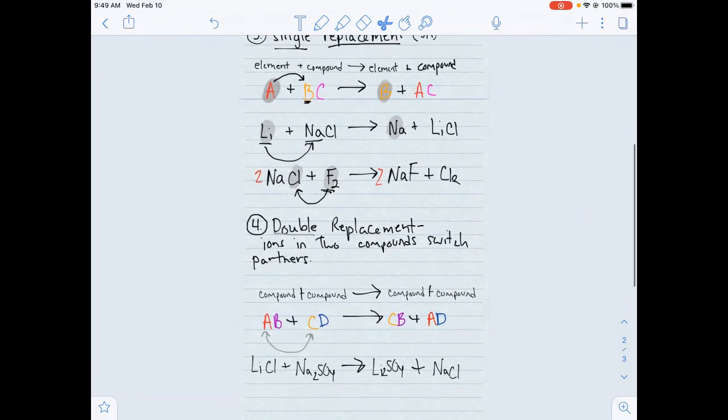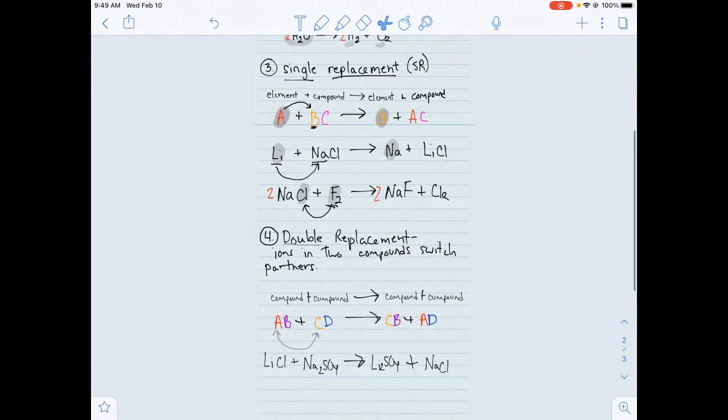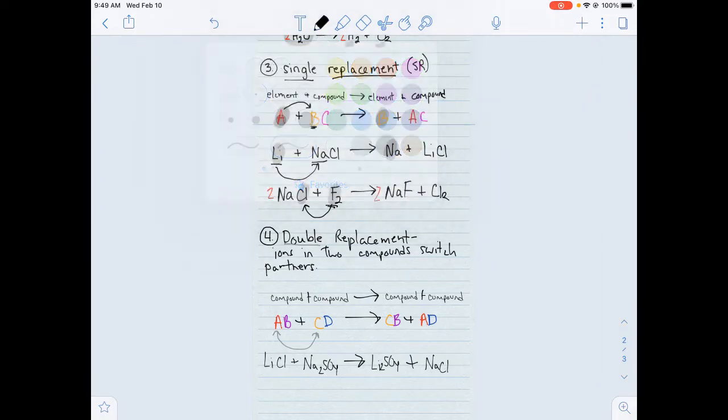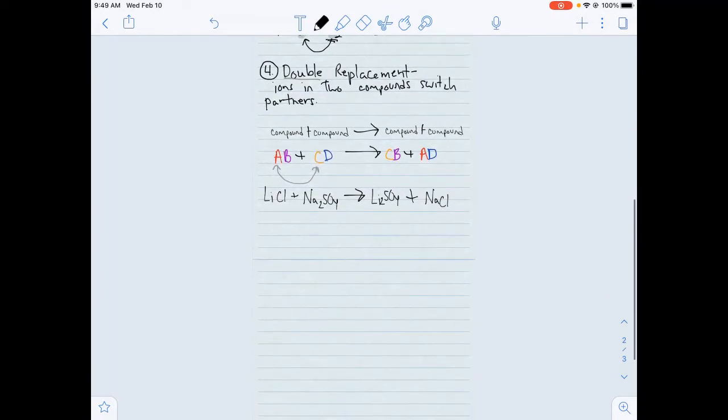So double replacement and single replacement, you both have partner switching. In a double replacement, you have doubles or compounds on both sides. And in a single replacement, you're always going to have an element plus a compound, gives you an element plus a compound.